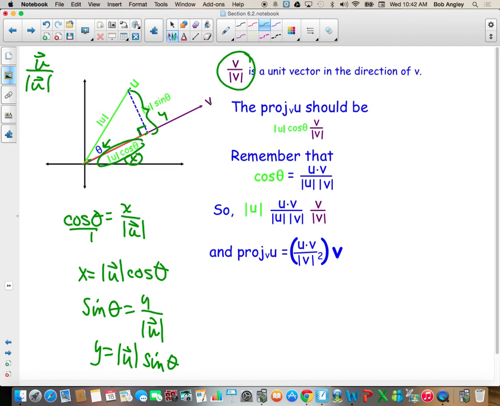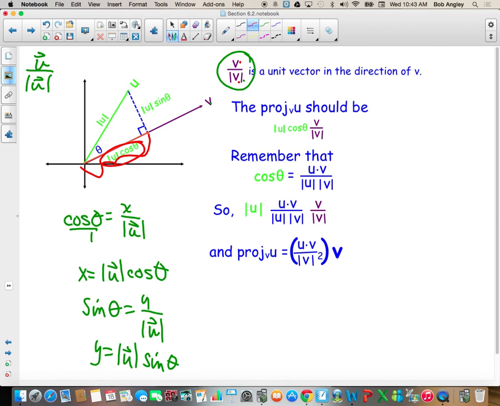Okay, so now if this is a unit vector in the direction of v, then the projection, let me erase what I've got written right here for a minute. So we're back to here. Then the projection, which is this thing right here, should be this length times that unit vector. Okay, and so we have this part right here.